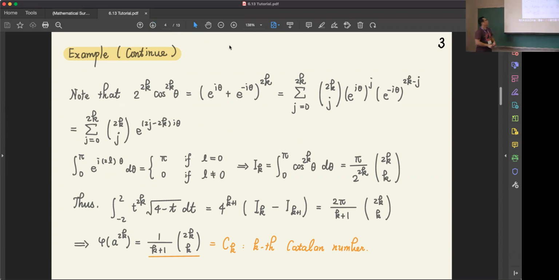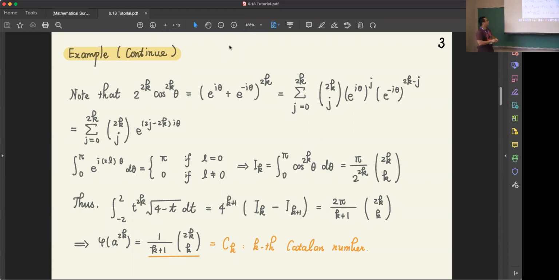Okay. So then we try to catch up these things. We observe one thing from the first 2 lines. Cosine to the 2k of theta can be written as (e^{i theta} plus e^{-i theta}) over 2, with the 2^{2k} put outside. Then we use the binomial polynomial and write it by the right-hand side.